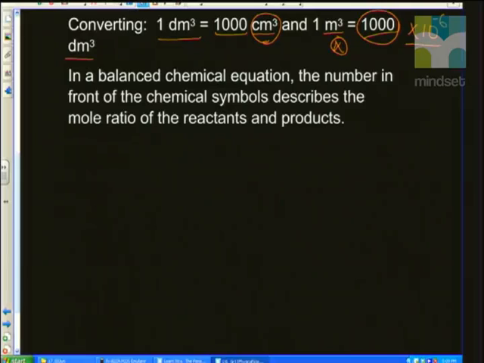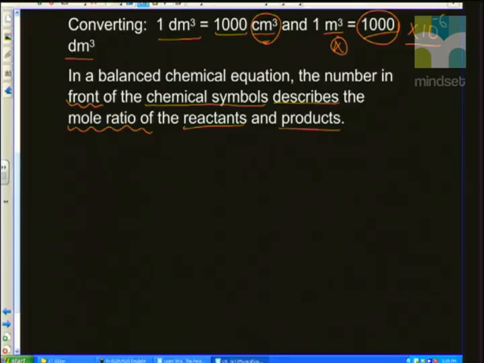In a balanced chemical equation, the number in front of the chemical symbols will always describe the mole ratio of the reactants and products. Simple.